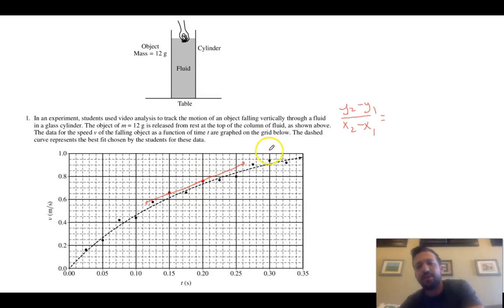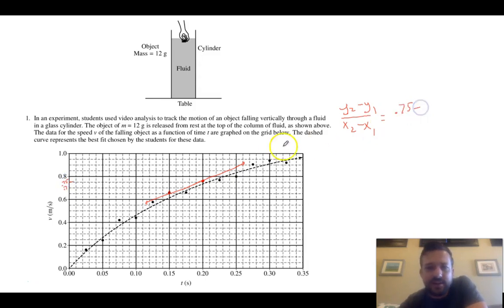It doesn't need to be perfect. There's going to be a range of values they're going to accept as correct, okay? Not everyone's going to get the exact value down to the hundredth of a decimal or anything. So let's do this. This is going to be my x2, y2, and this will be my x1, y1. I need y2 first, which looks like it's about right here, which the middle would be 0.7, so this looks like it'd be about 0.75.